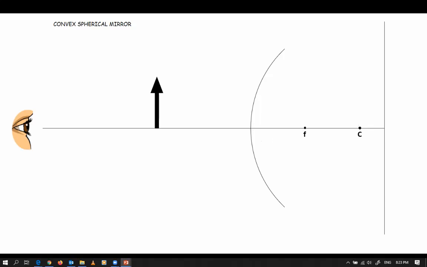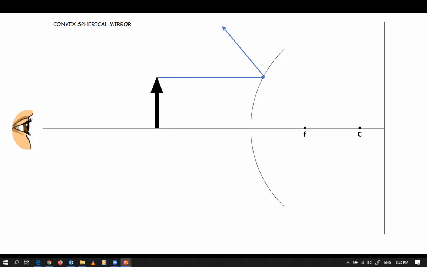All right, so now we're going to draw our rays when it comes to a convex spherical mirror. This is a little different, however. Because it's a mirror, remember that the rays bounce off. They do not pass through it, they come back away from it. So if I draw my parallel ray coming in, it's going to bounce off as if it's going through the focal point. So you'll want to line up your focal point and then send your ray back out.